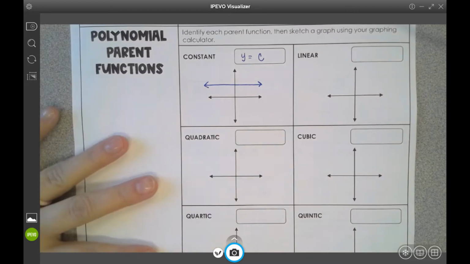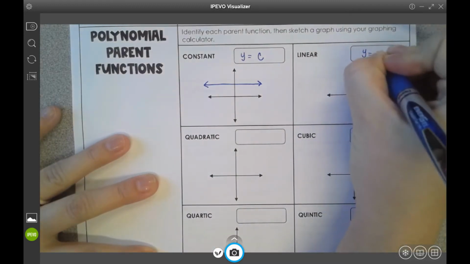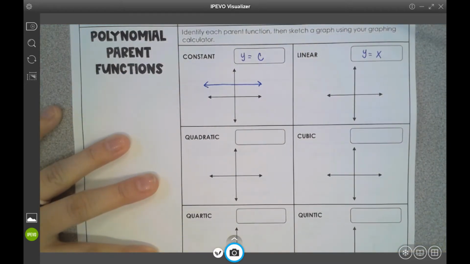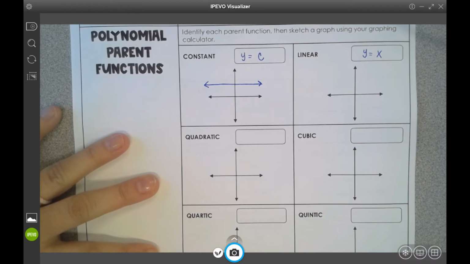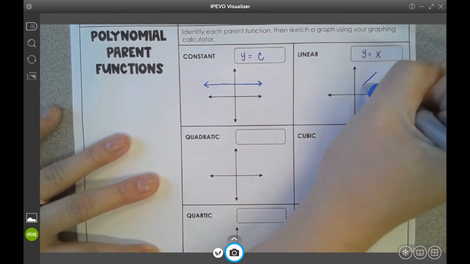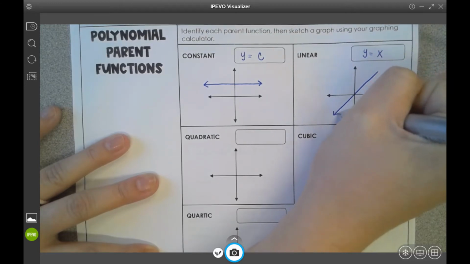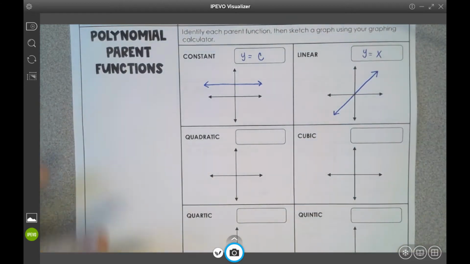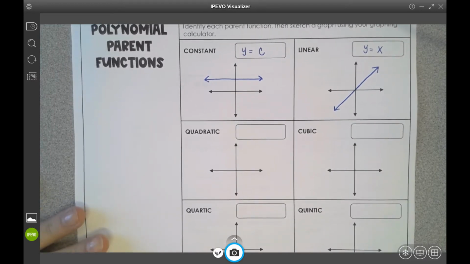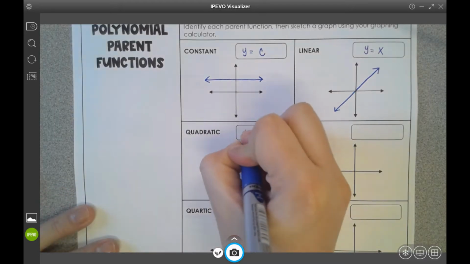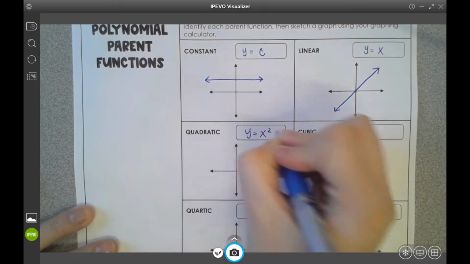A linear graph is like y equals x. So if you type in y equals x on your graph, it's a line that looks like this. Now quadratic, y equals x squared.